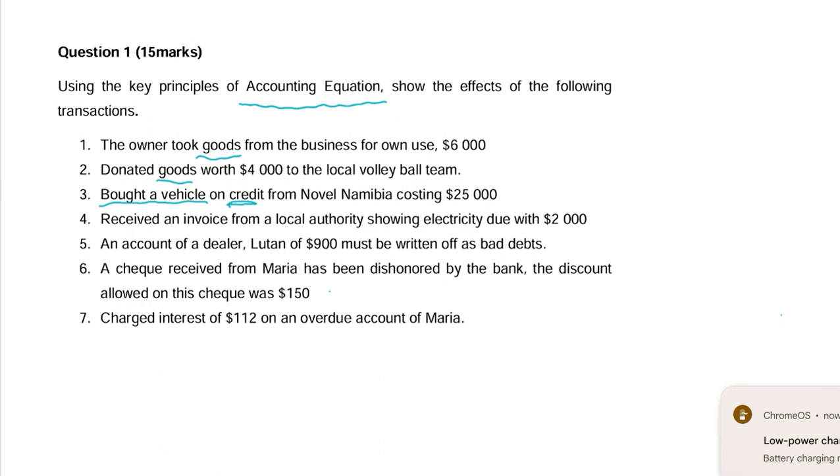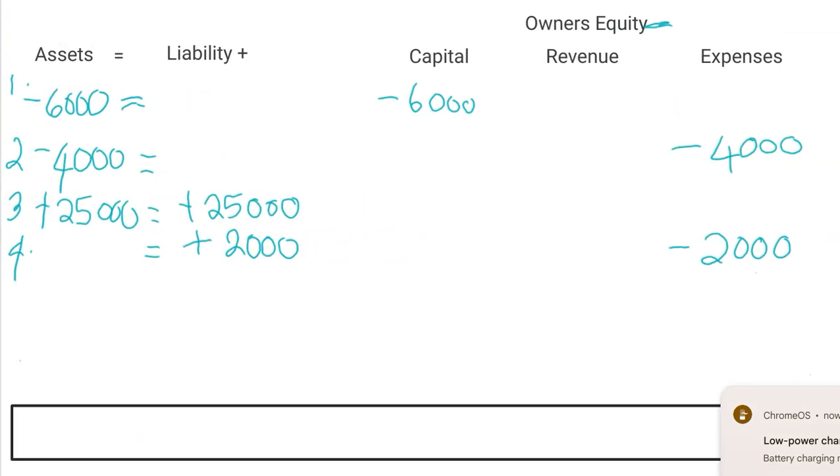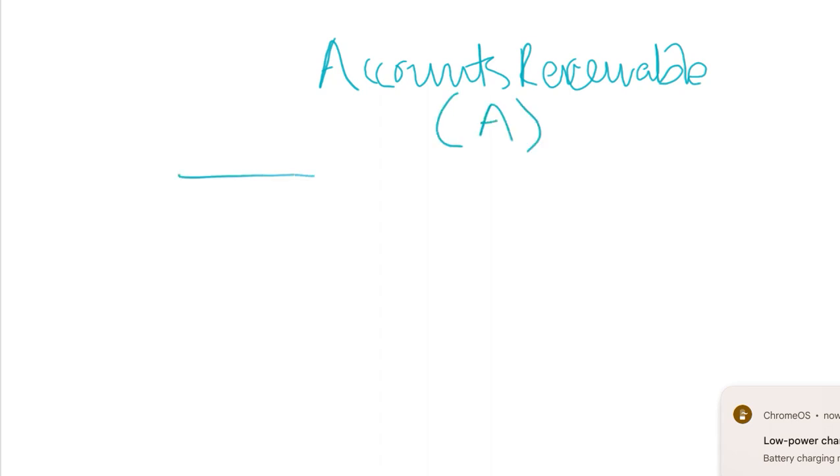So number 5, an account of a dealer, Lutar 900, must be written off as bad debts. All right. So when we think about bad debts, we have your accounts receivable, okay? These are people who opened accounts to buy on credit from you. Okay, receivable, we have to receive, and this is an asset account, okay?